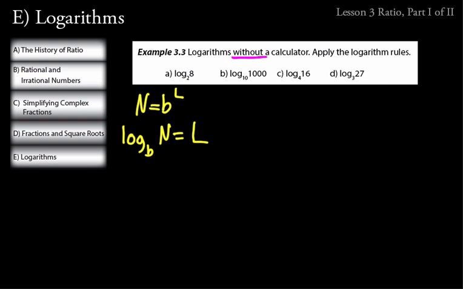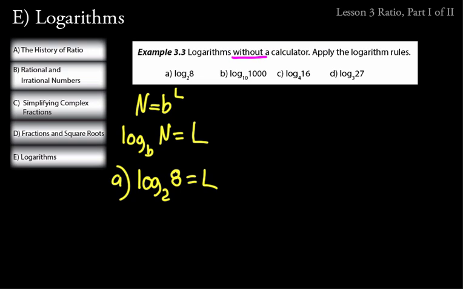Okay? So log base 2 of 8. What does that mean? Well, thinking of log base b of n equals L, log base 2 of 8 is equal to L. We're solving for L. So just rearranging here, n is 8 and b is 2.